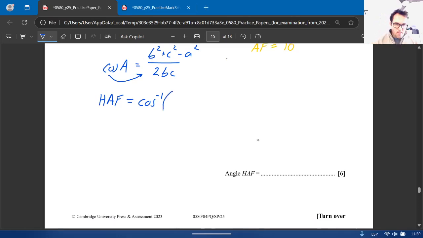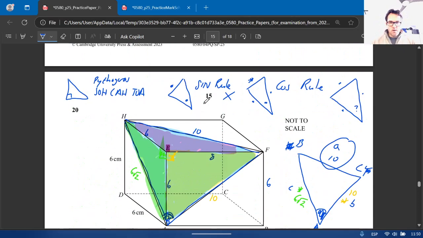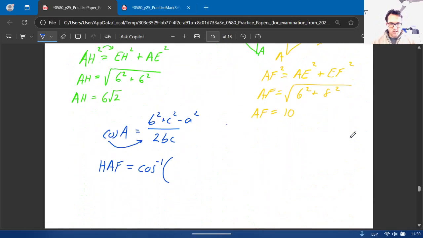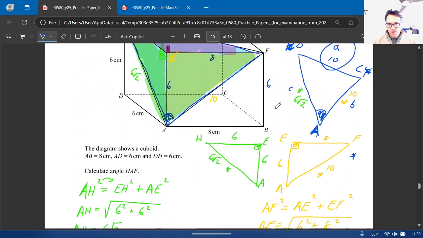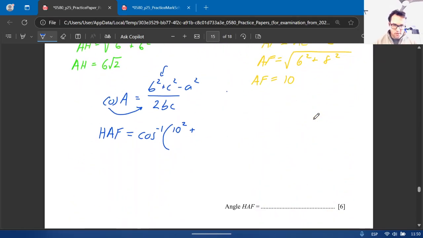Okay. Then we have B, which I said mine was 10. Don't forget the square. Then my C was 6 square root 2. So 6 square root 2. Don't forget square minus a. Mine was 10, remember. Okay.